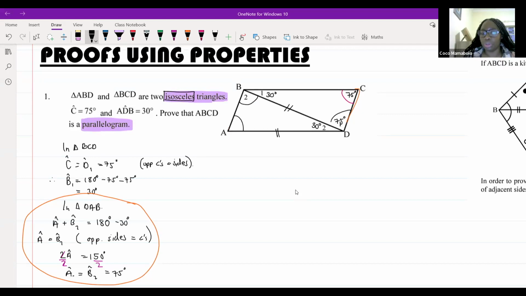That they are also equal to each other, right? So if I name this angle over here X, I'm going to name B2 X. If B2 is equal to X, and these are the base angles of an isosceles triangle, what is A going to be equal to?